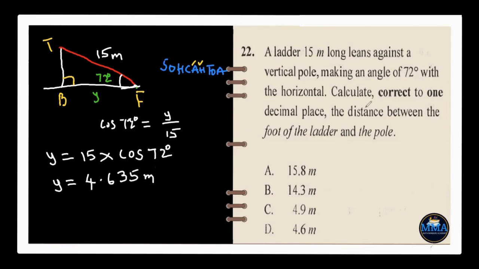But they want us to leave it to 1 decimal place. So our final answer is going to be y equals 4.6 meters. And that is option D. That's option D. So with that, we proceed to question number 23.